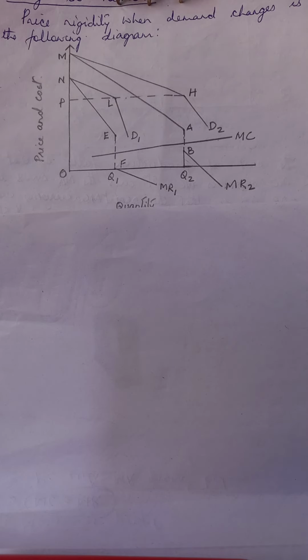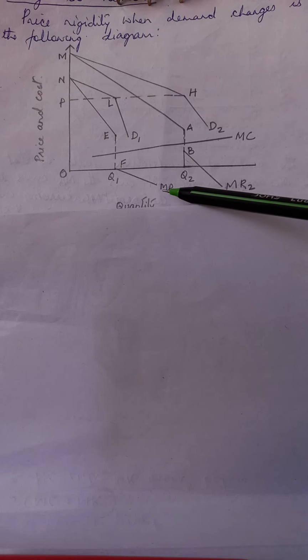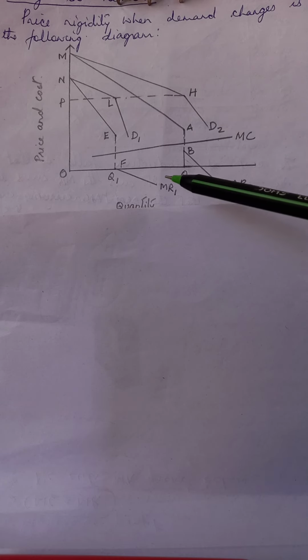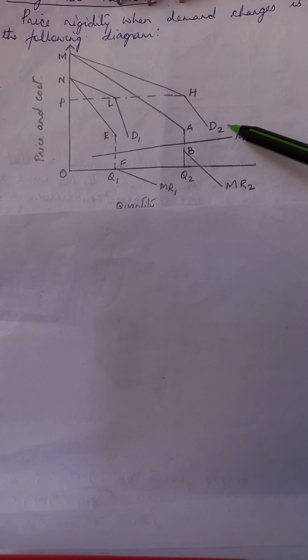On the other hand, let's look at another situation: what will happen if demand increases? We take this D1 as the original demand curve, this MR1 as the original marginal revenue curve. If demand increases, we will have the new demand curve D2 and the new marginal revenue curve MR2.